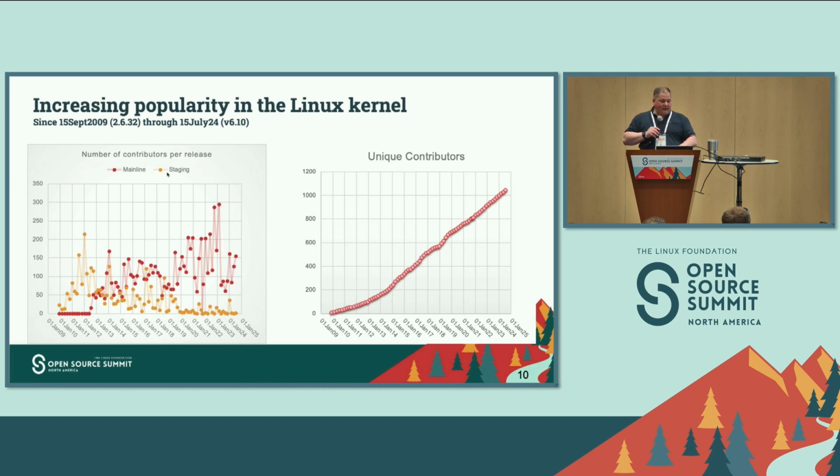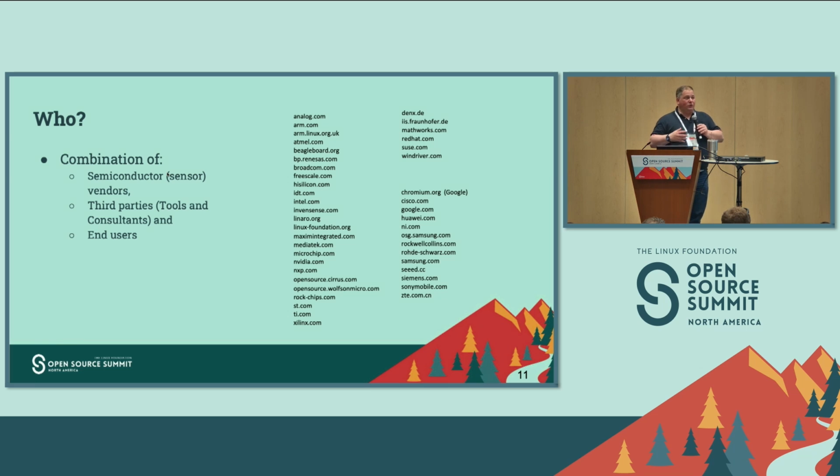The number of total unique contributors is also continuing to grow, with over 1,000 people having contributed to the IIO subsystem. This is one of the faster growing subsystems in the Linux kernel because of the embedded nature of things.